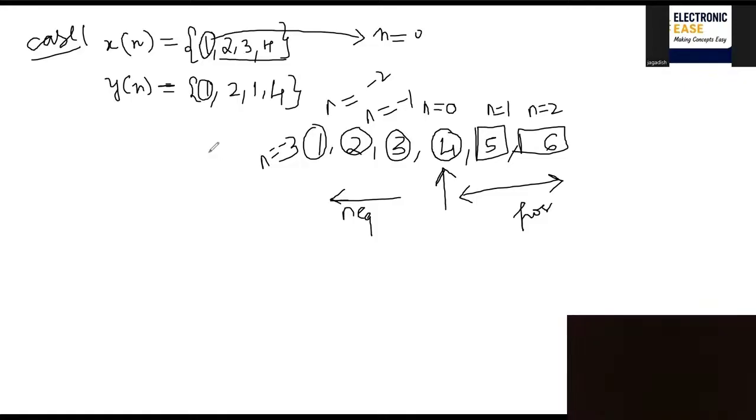Now I will ask a question to Aditya. The signal is 1, 2, 3, 6, 8. What is the n value for 1? Aditya, what is the n value for 1? Aditya, don't waste time.